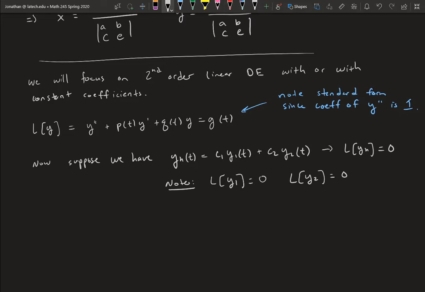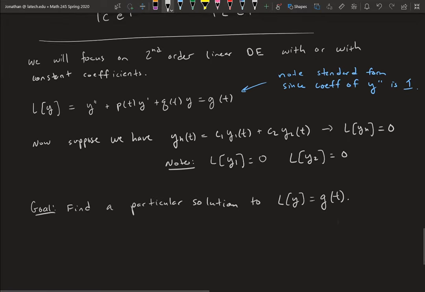Now the goal is to find a particular solution to L of y equals g of t. So we're trying to find a solution to the non-homogeneous equation, y_p.